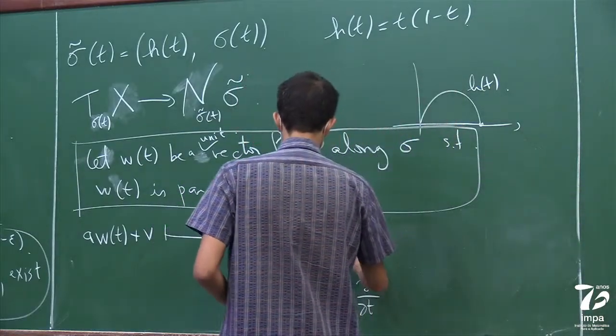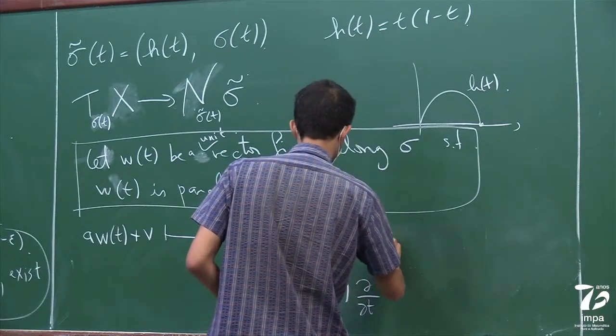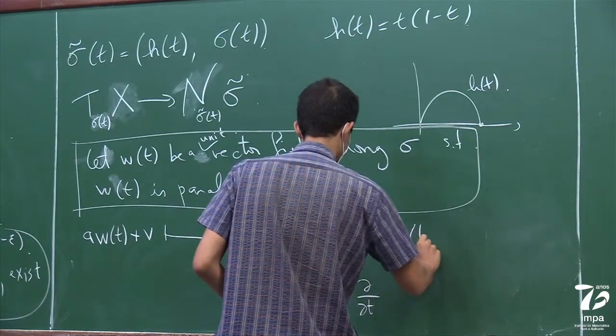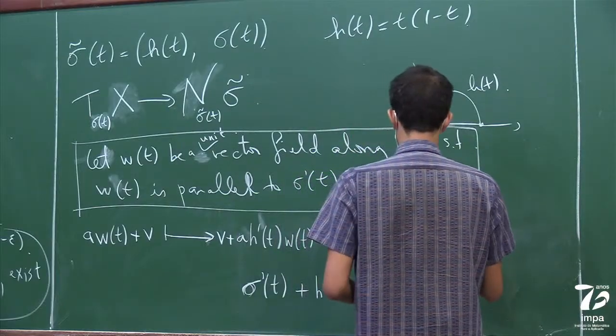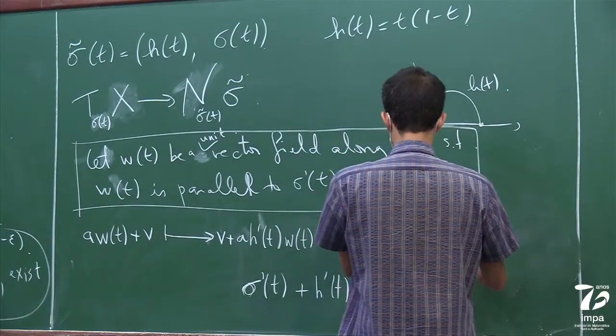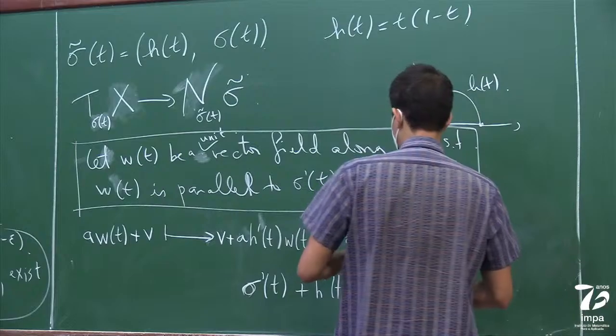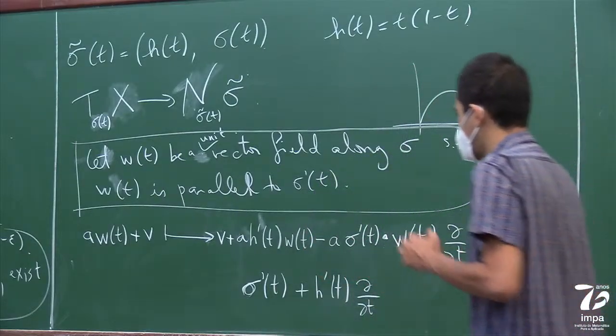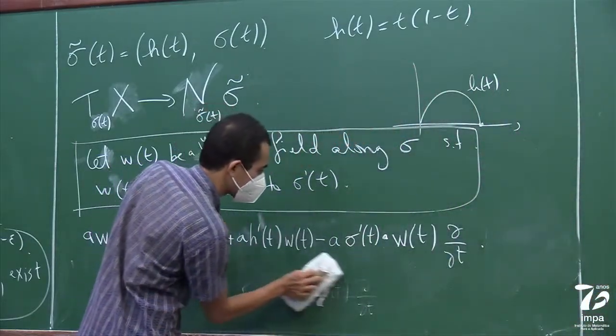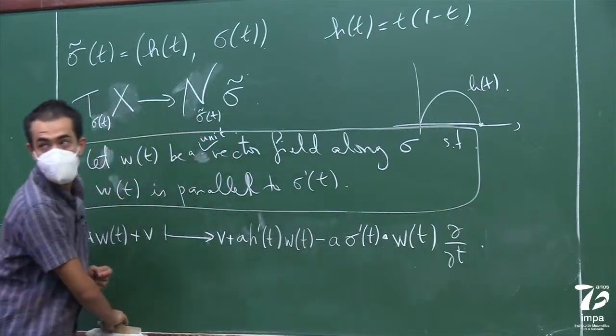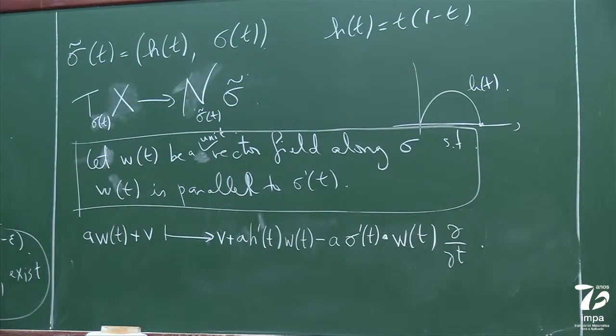Now I want W prime inner product, sigma prime inner product with W of T, and then I have d/dt. Okay. I think this is it. We can double check. I think this is going to work.